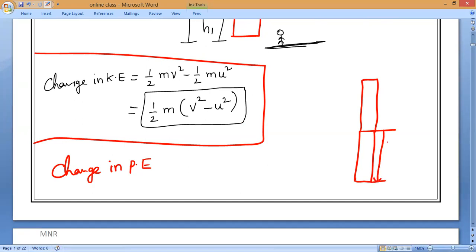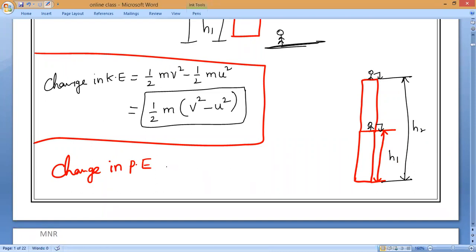All of you understanding? If you do not understand, ask me. Don't be silent. You have to communicate. Now, what is the change in potential energy of the same object? The same object is falling from here, the same object is falling from here.